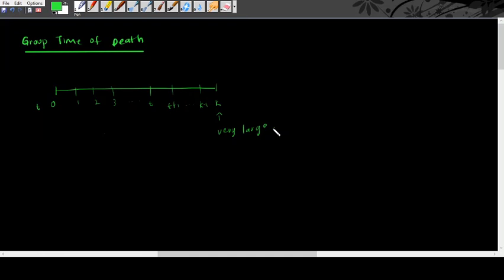Let n be the initial size of the cohort study, and k is the very large interval. And let Dt be the random variable of the number of deaths from t to t plus 1.